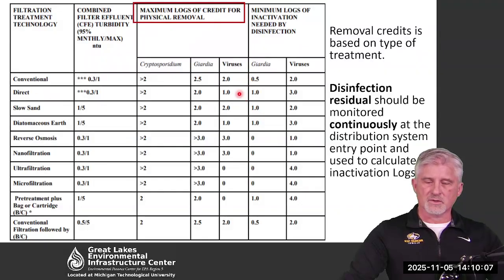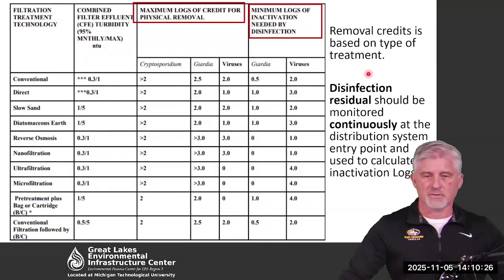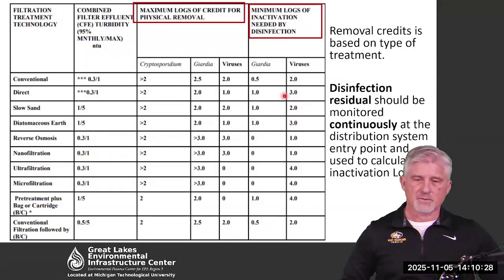So you can see the conventional goes through that extra step of sedimentation, so it gets more removal. And then this just tells you how much is remaining, what we need to do as far as inactivation through disinfection to get to our required removal.